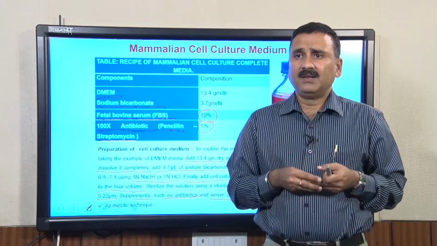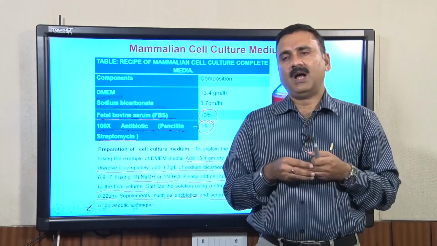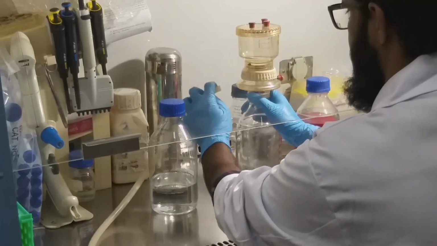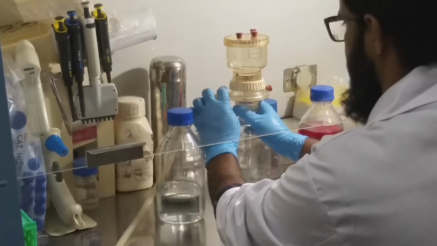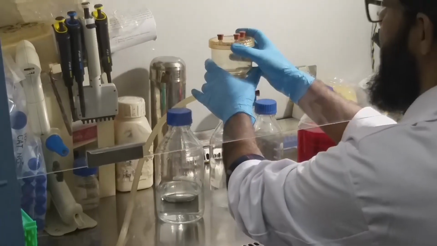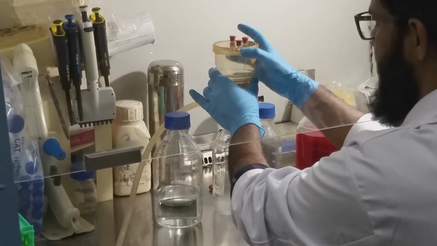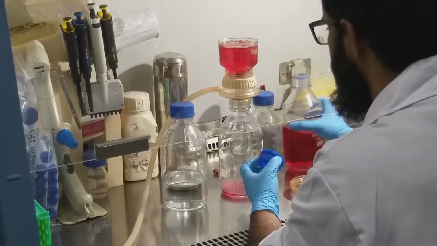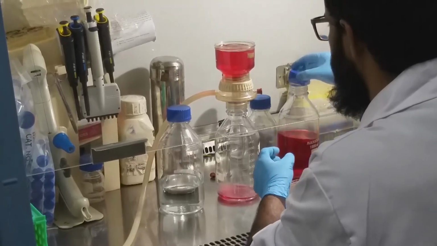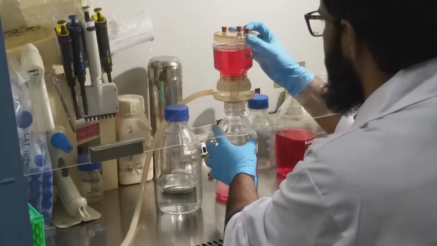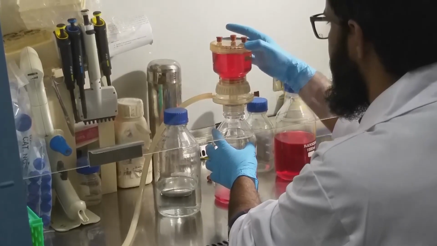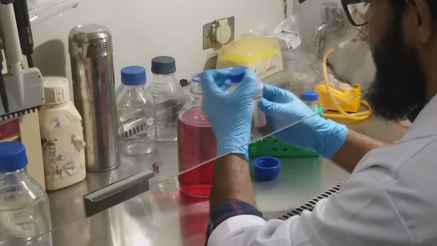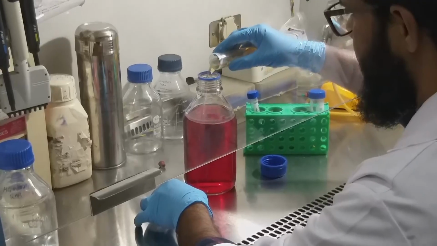All these steps are demonstrated by one of my students, Mohammad Rafi, who will also explain the precautions, the crucial steps, and the common mistakes people make when preparing mammalian cell culture media.